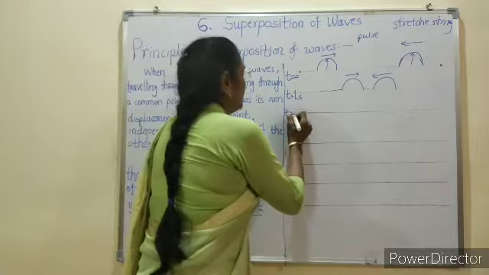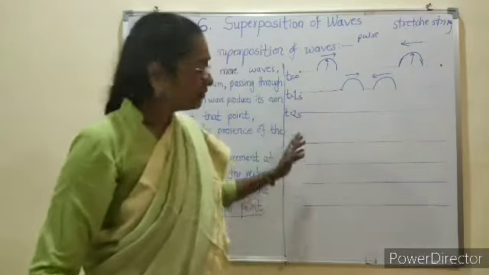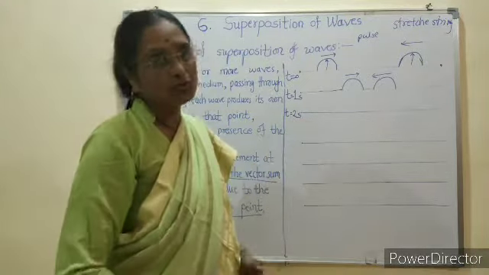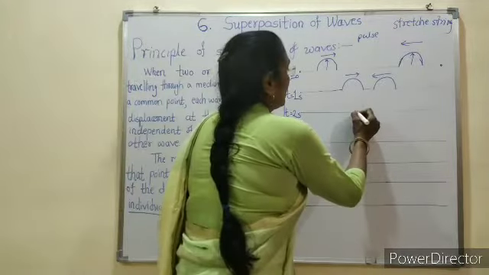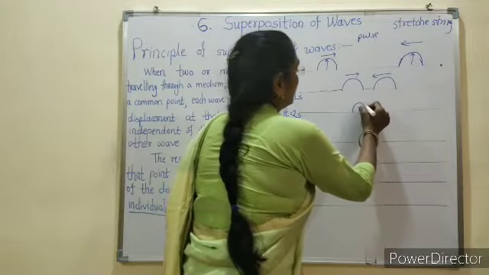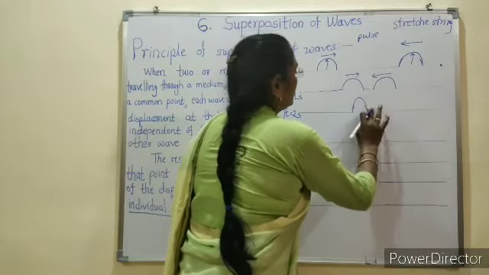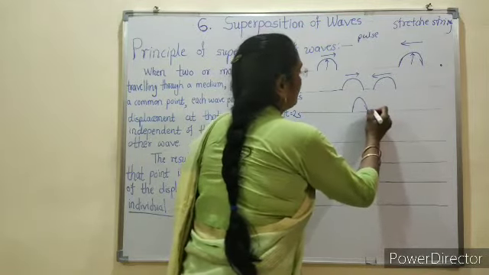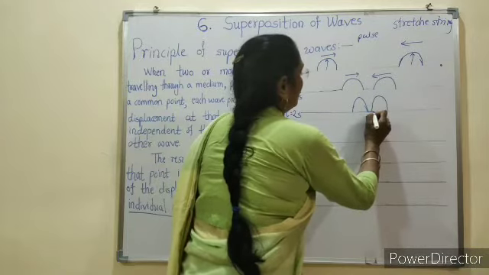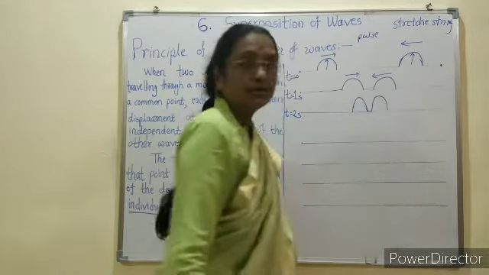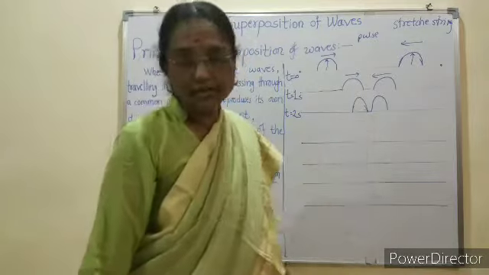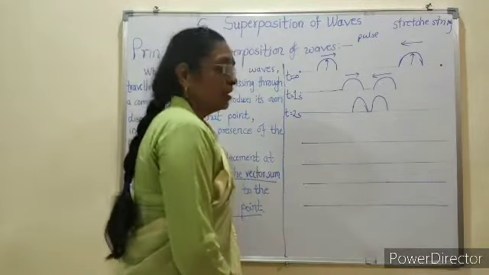Now, if we take t equal to 2 seconds, then they are crossing each other. They are very close to each other, or crossing each other in this way. Crossing of two pulses is there here.